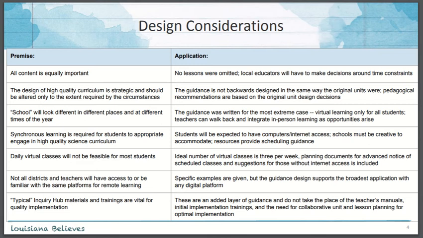In the event of a hybrid learning environment, the components that take place during virtual classes should be prioritized for in-person learning. This guidance was also designed to be broadly applied with any digital platform so that teachers may use what is available and most familiar to them. Teachers should still be using typical inquiryHub curriculum resources in combination with this digital learning guidance.